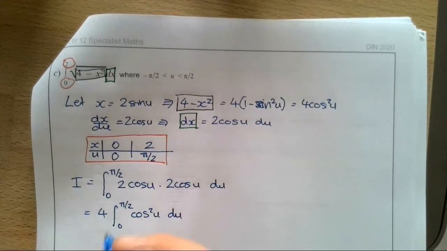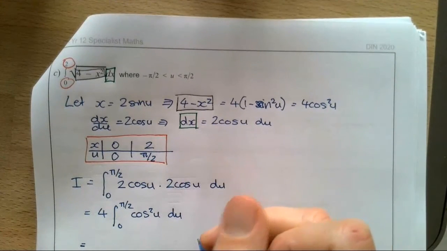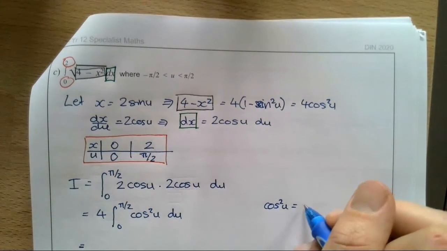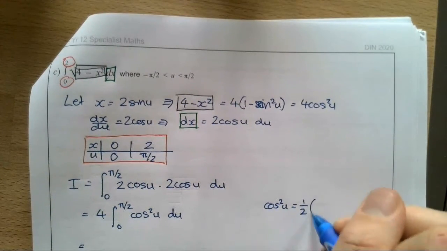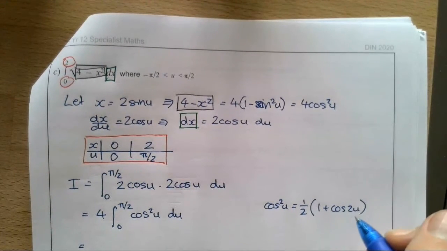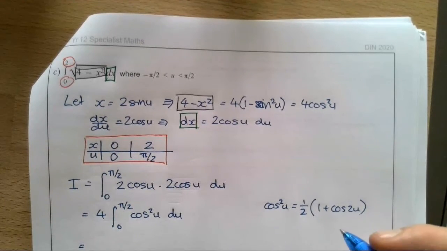And then just like in the previous example, I'm going to use my cos squared identity. So my cos squared identity was a half of 1 plus cos 2u. Got that the right way around, I'm just checking it, yep.